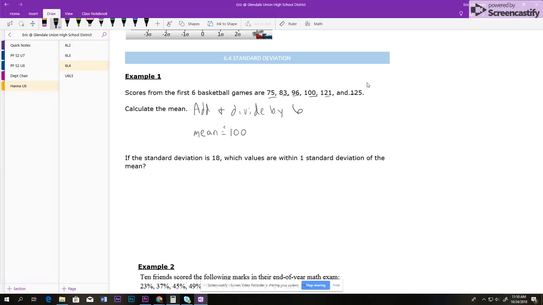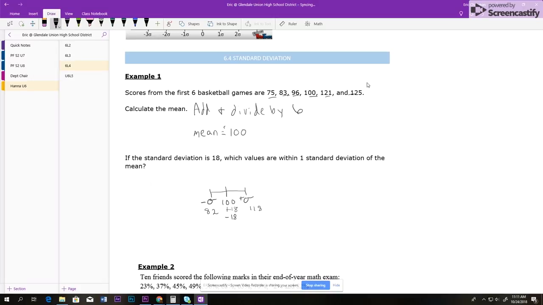If the standard deviation is 18, which values are within 1 standard deviation of the mean? If our mean is right here at 100, we need to know what 1 standard deviation away is, which is this weird symbol. This is the plus, and this is the minus. The standard deviation is 18, so I'm going to add 18. I get 118. I'm also going to minus 18, and that gives me 82.